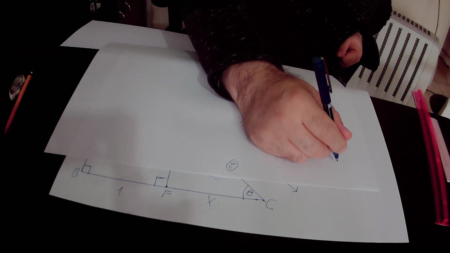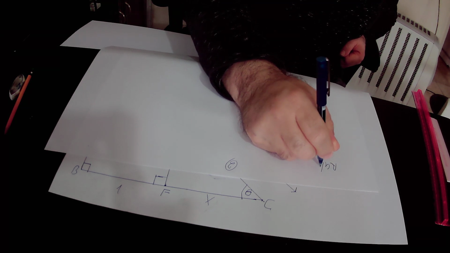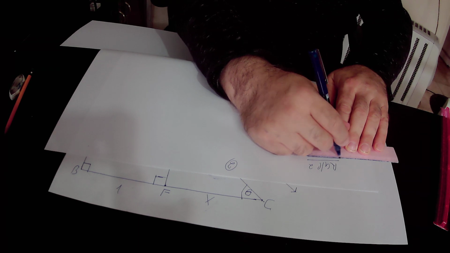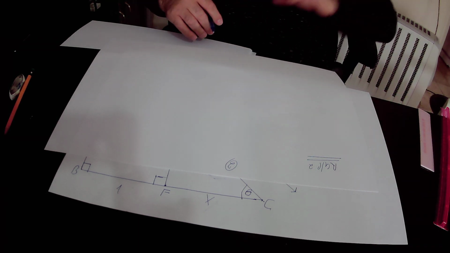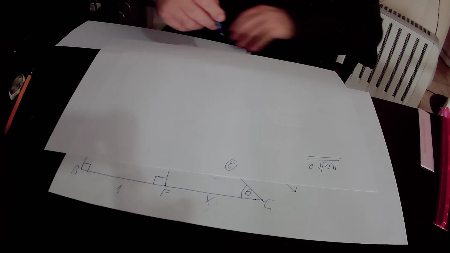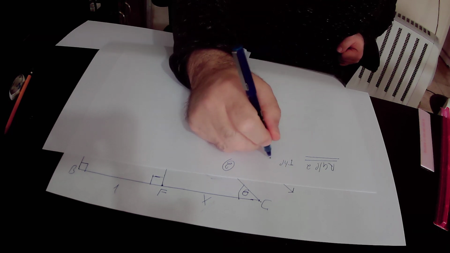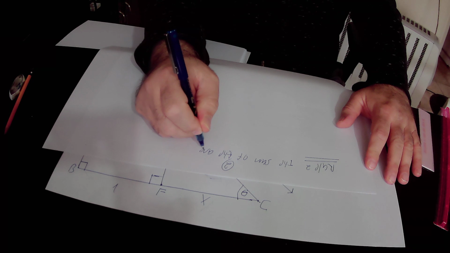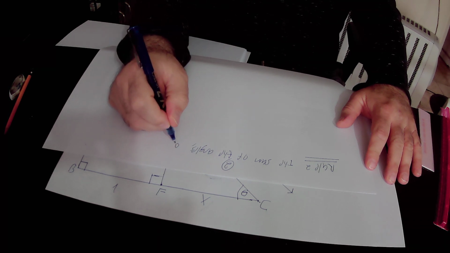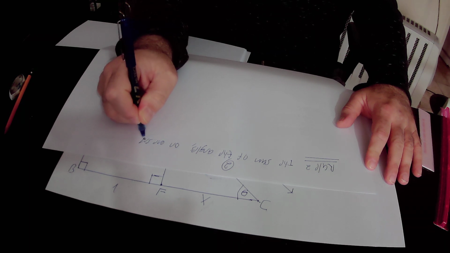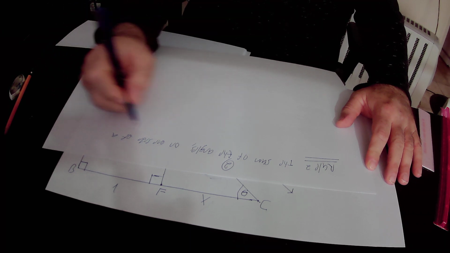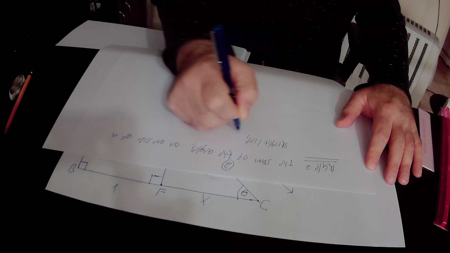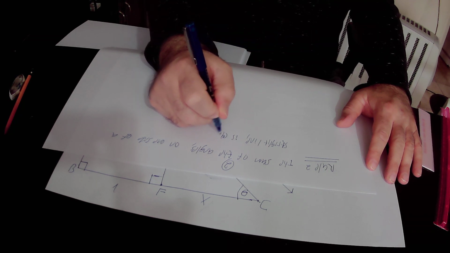According to rule number 2, the sum of the angles on one side of a straight line is equal to 180 degrees.